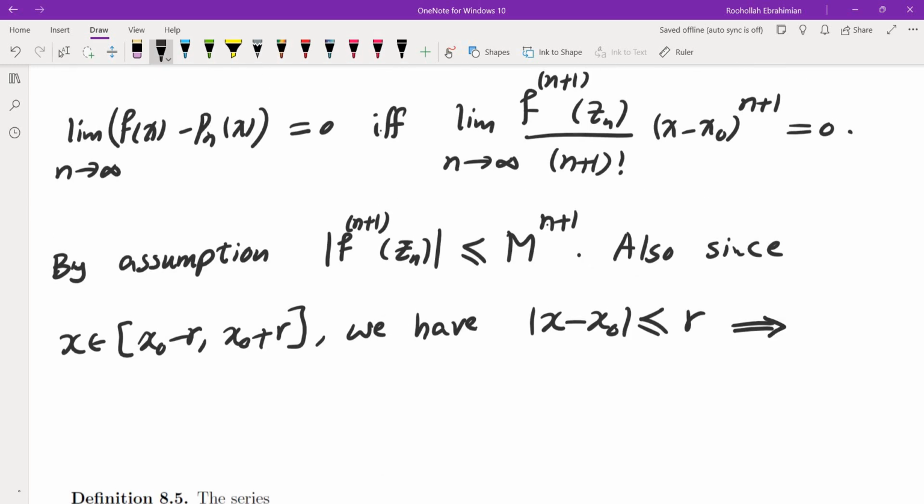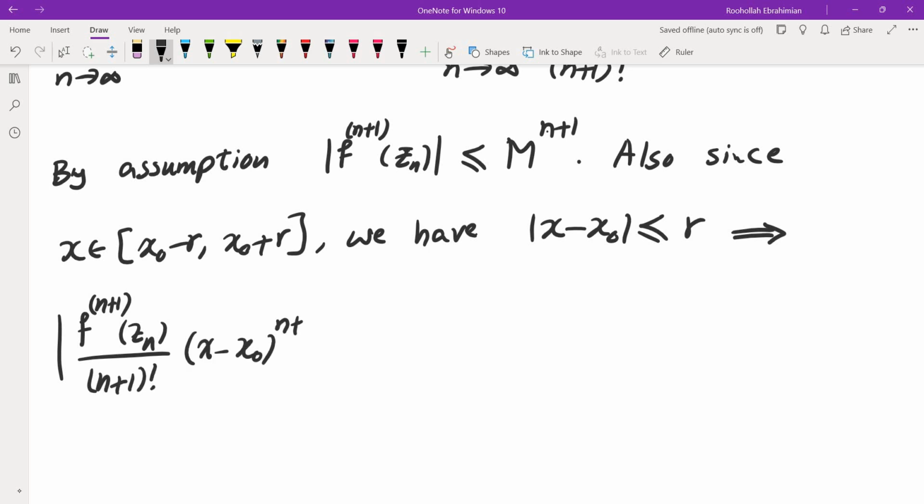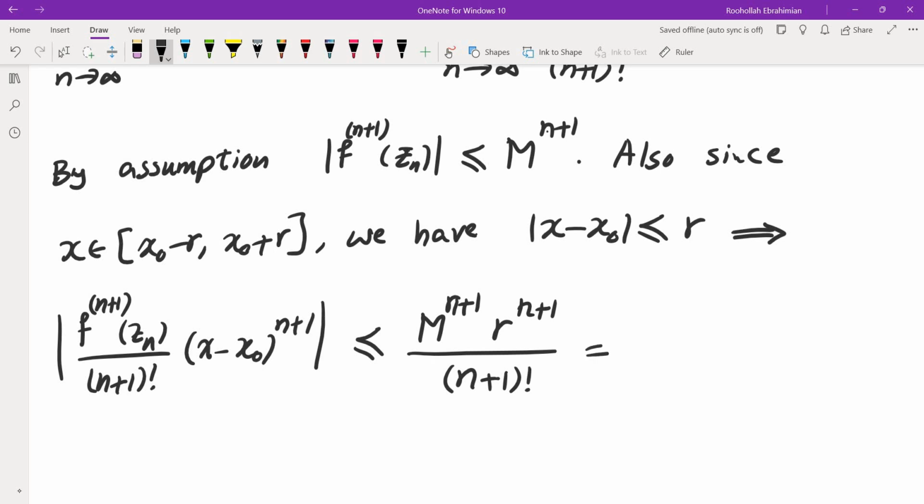So this means that the fraction f^(n+1) of Zn over n plus 1 factorial times x minus x naught to the power of n plus 1 is less than or equal to m to the power of n plus 1 times r to the power of n plus 1 divided by n plus 1 factorial, which is (mr) to the power of n plus 1 over n plus 1 factorial.